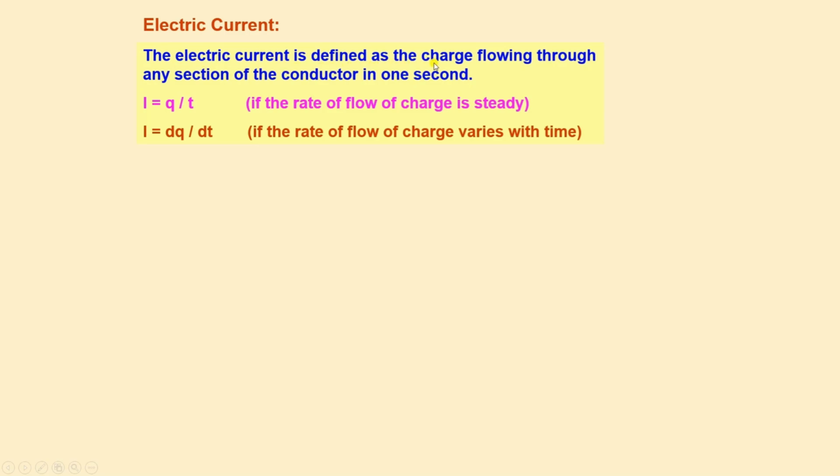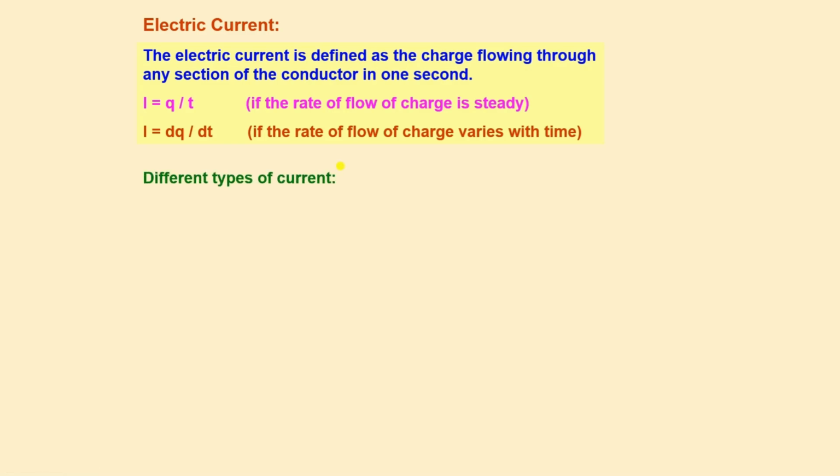If the rate of flow of charge is steady, then current is given by charge upon time. If the rate of charge varies with time, then current I will be equal to dq upon dt.